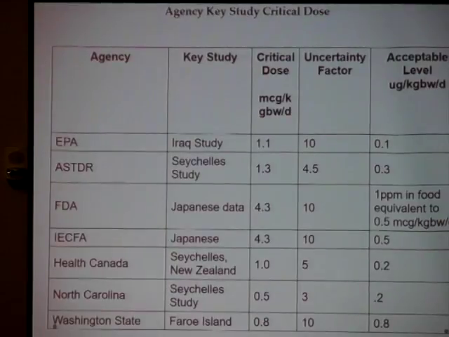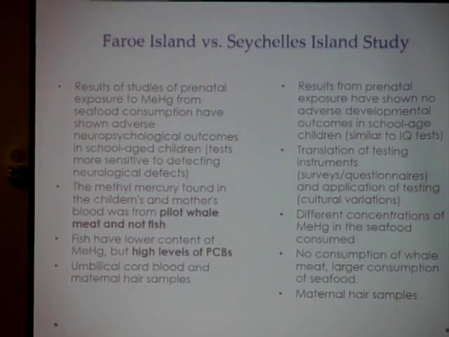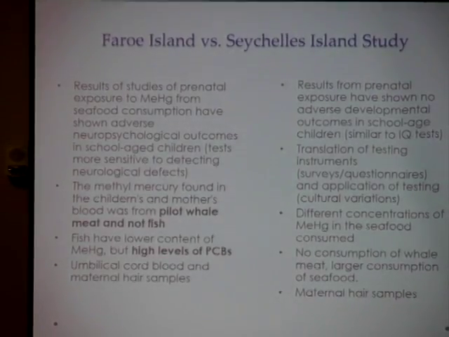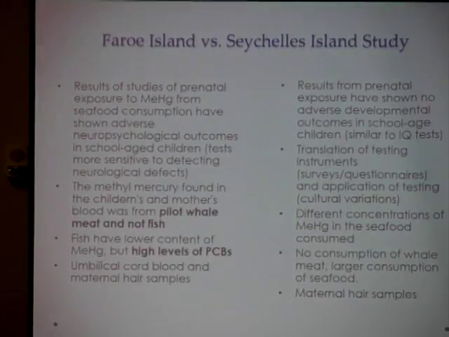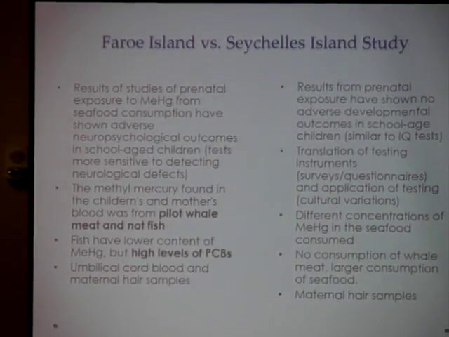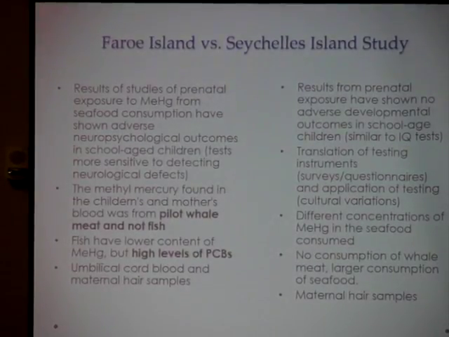So we have 2 studies that help policymakers define what the safe level is. We have the Faroe Island study and the Seychelles Island study. These two studies look at children with neurological issues, and they look at the methylmercury found in the children and in the mom in both of the studies.